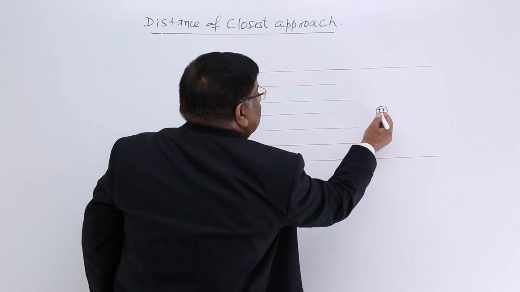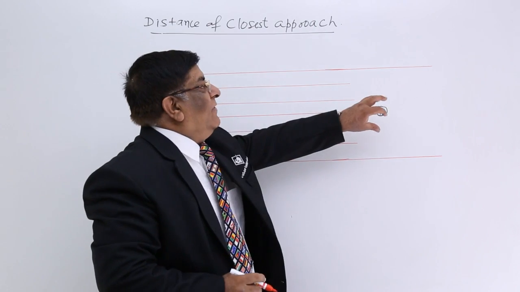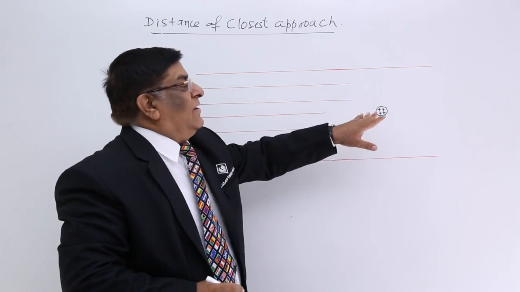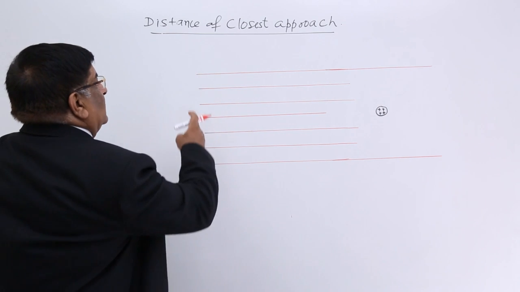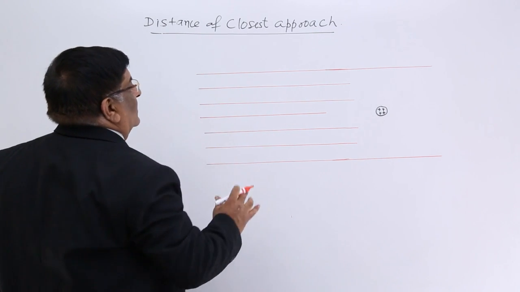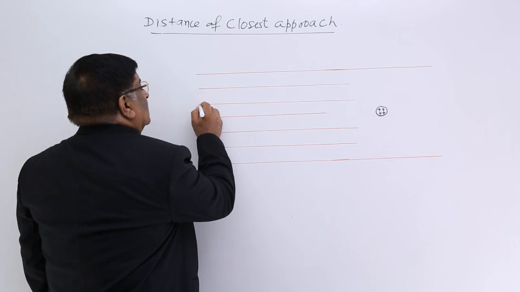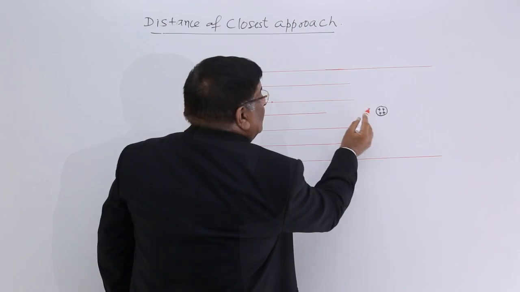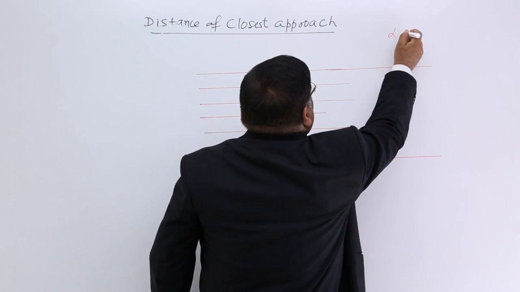Suppose this is the nucleus of gold located at one place, and all the place around it is empty. These are the alpha particles, various alpha particles going on this path. The one which is going on this path experiences plus, this is also plus. What is an alpha particle?